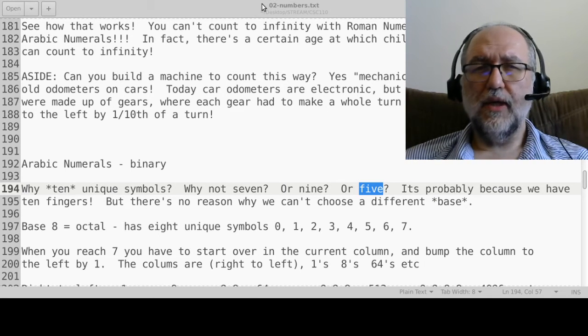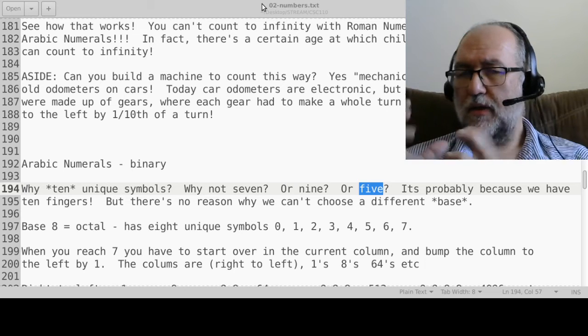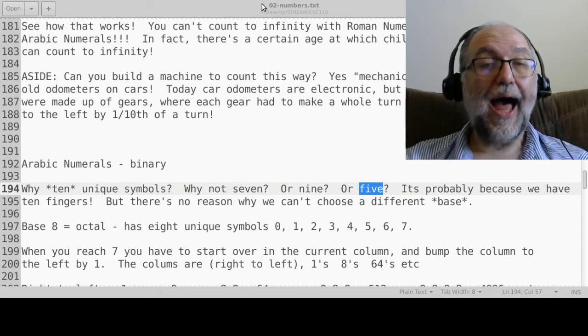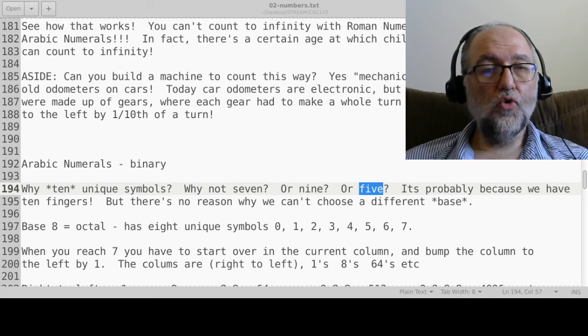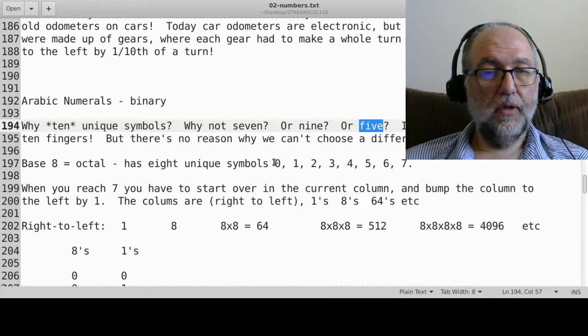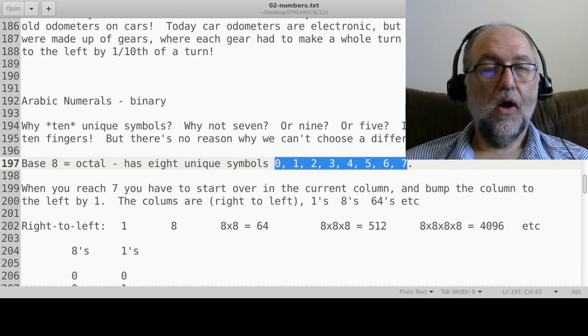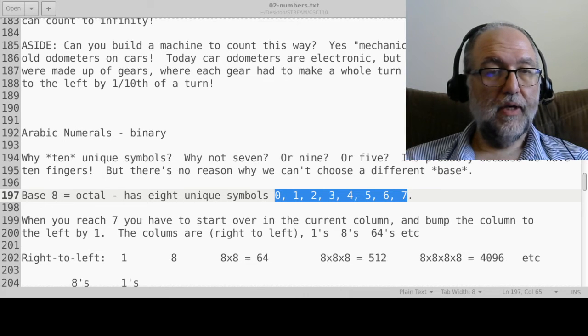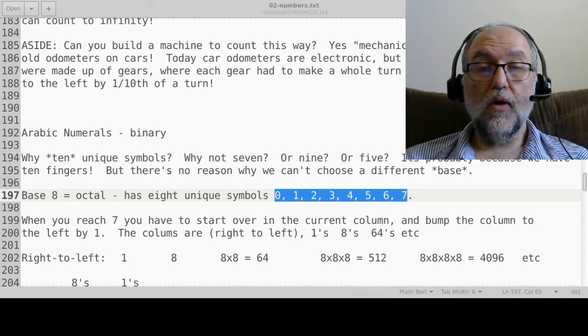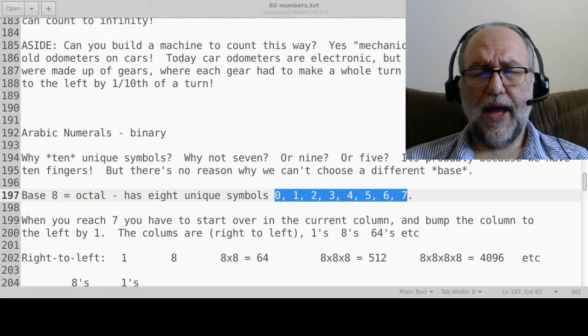But there's no reason why you can't take the Arabic number system and apply it to fewer than 10 symbols. You could apply it to only 8 symbols, the symbols 0 through 7. Then you say to yourself, how many symbols do you now have?